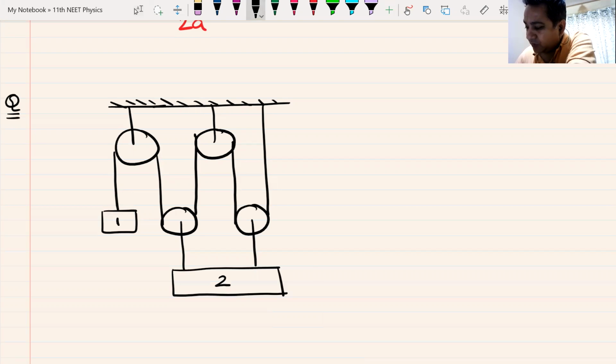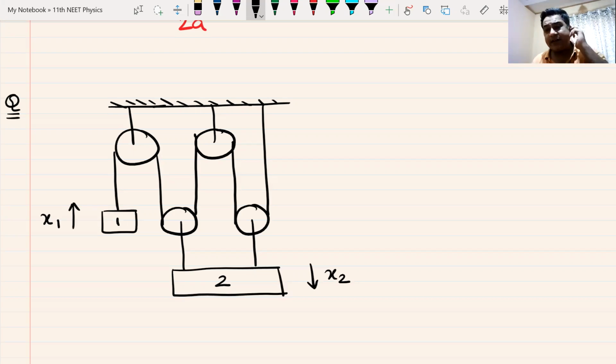If I tell you that block 2 is moving down with X2, number 2 block goes down, number 1 block has to come up. Can you find a relation between X1 and X2? X1 is the displacement of block 1, X2 is the displacement of block 2. 2 minutes.